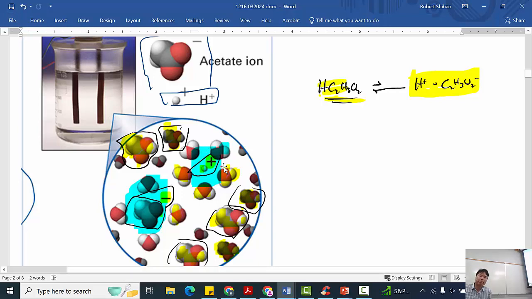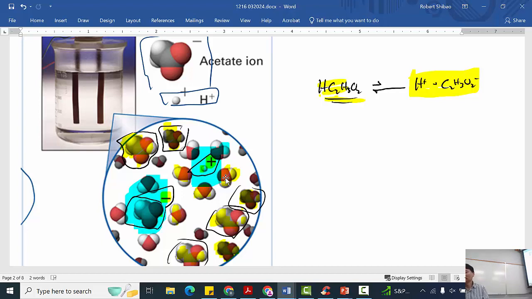So water is a base, right? No, water is a very interesting compound. We're going to talk more about the properties of water. Water is both an acid and a base. This is one of the other unique properties of water.